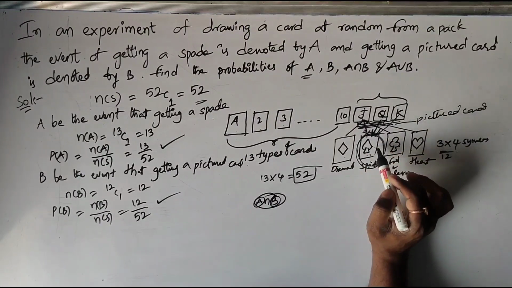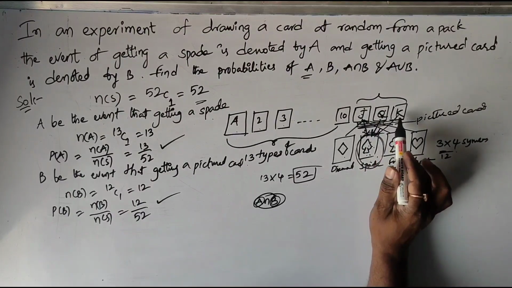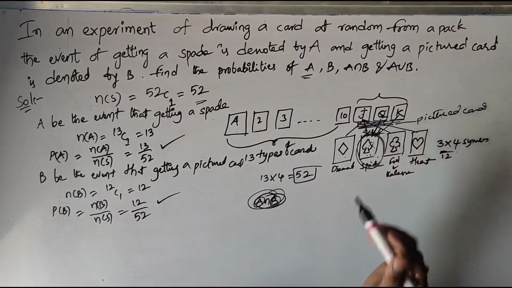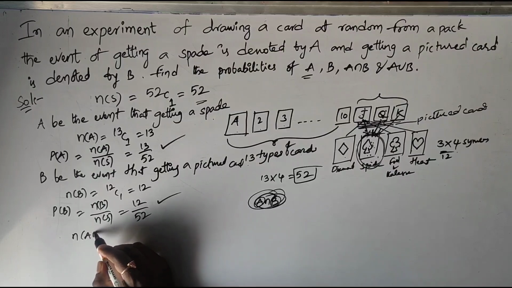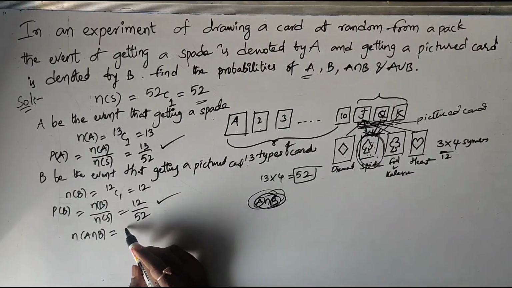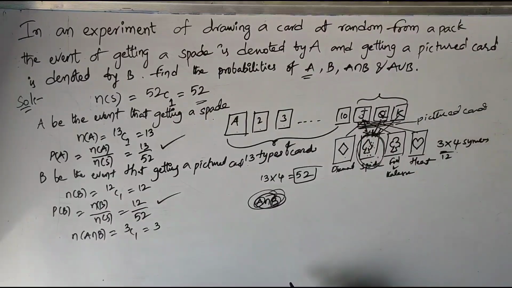How many cards exist here? Only J spade, Q spade, K spade. So common elements are only 3 cards. That's why n of A intersection B is 3C1, that equals 3.